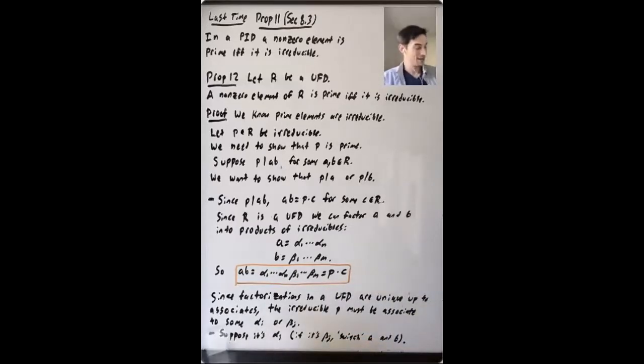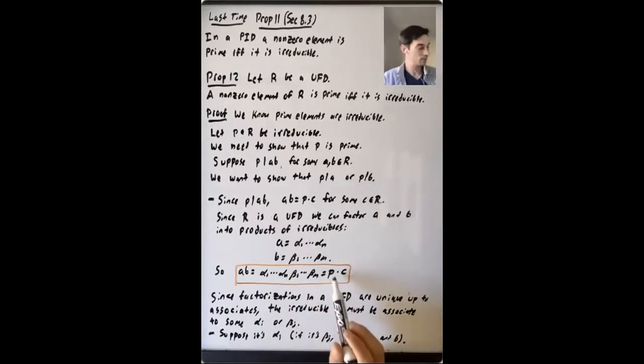And now, since factorizations in a UFD are unique up to associates, that means we can factor c into a finite product of irreducible elements. And then there's going to be some way to rearrange the irreducibles over here so that the first one is associate to the first one, the second one is associate to the second one, the third one to the third one in this other factorization into n plus m irreducibles.